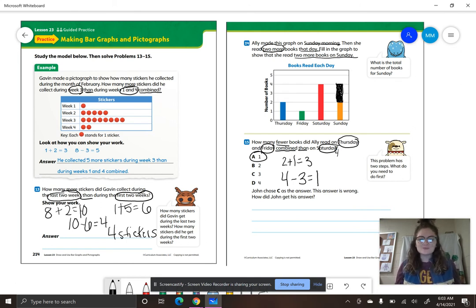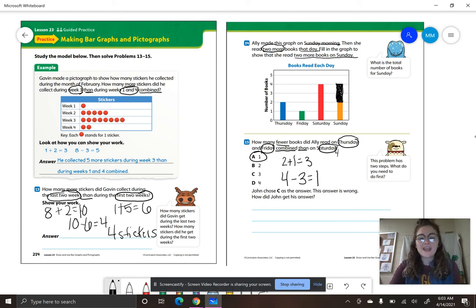All right. It says John chose C as the answer. This answer is wrong. How did John get his answer? Let's look back at the steps that we took in our problem, Smarties. What did we do first? We found Thursday and Friday combined. What did John forget to do? He forgot to compare that number to the 4 books that Allie read on Saturday.